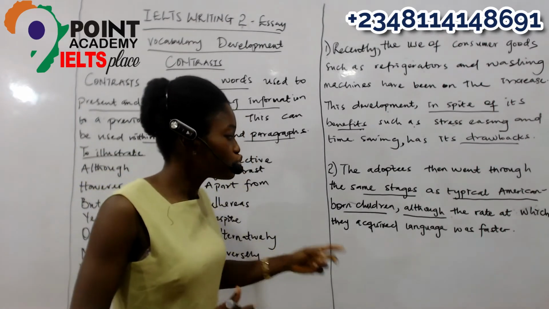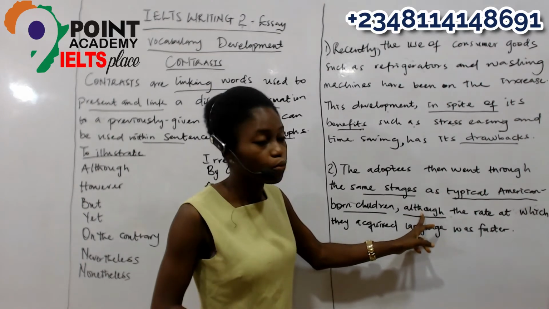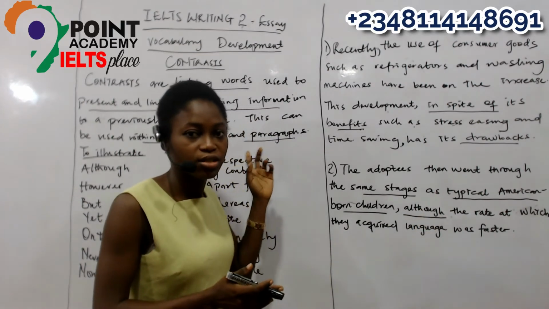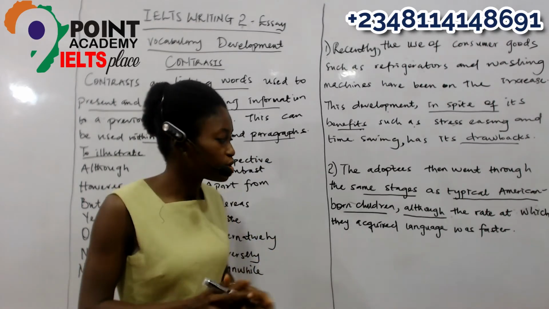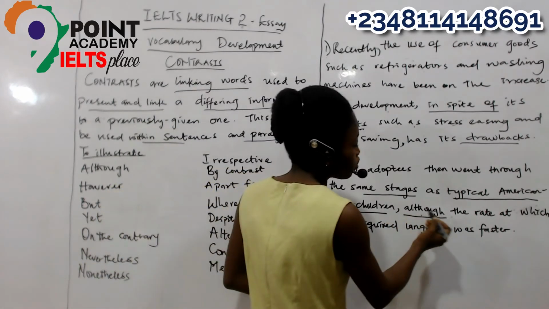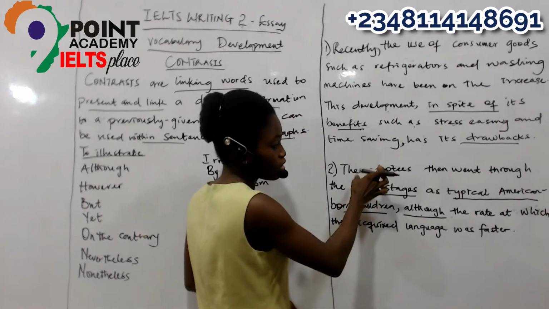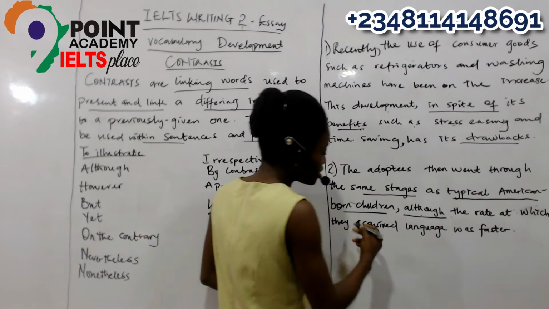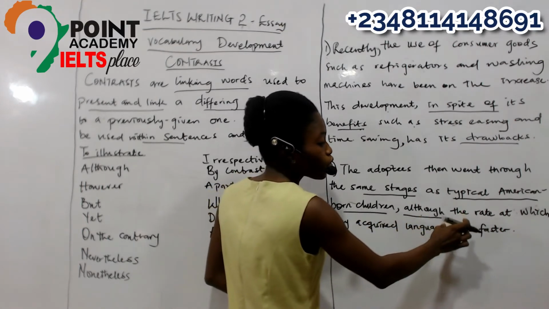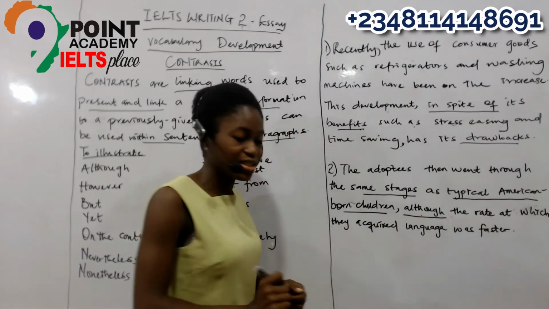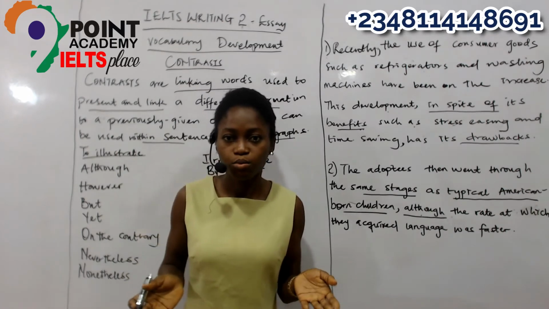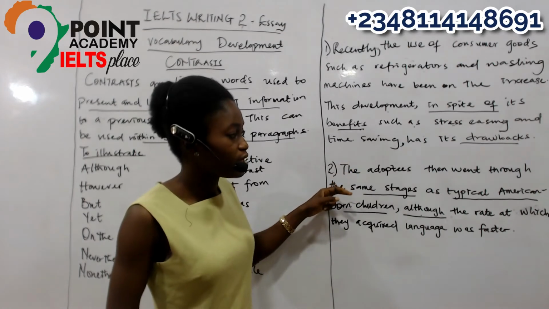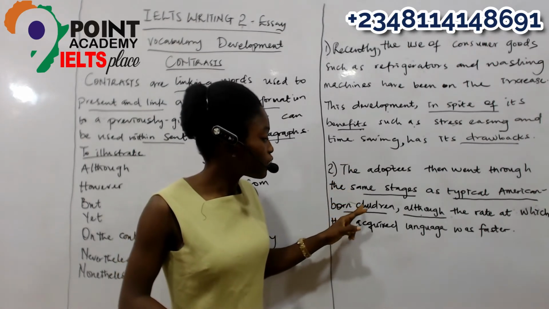Now, if you don't use the appropriate linking word there, you might eventually lose the meaning. That's the essence of using transitions that are appropriate. Now, the choice of although here shows that, oh, okay, they went through the same stages, but the rate at which they acquired the language was faster. It shows the difference between the learning stages of both the adoptees and the typical American-born children.